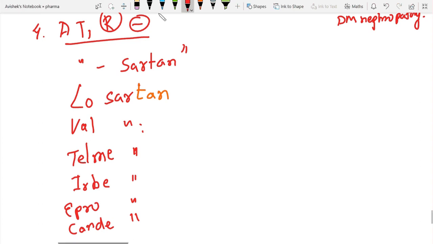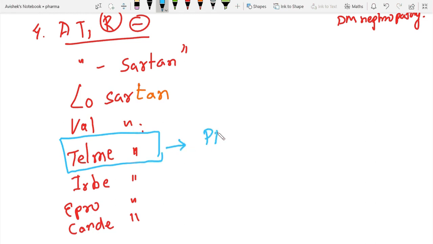From all this, telmisartan has one more action, PPAR gamma activator.